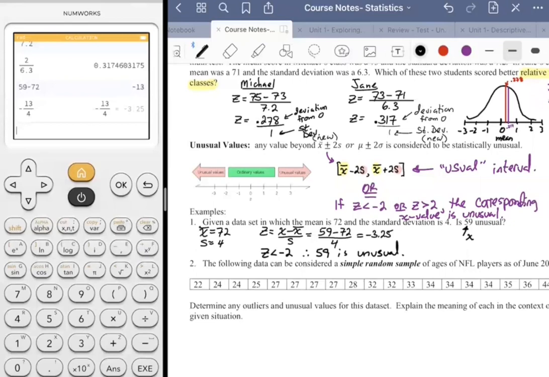So you kind of look at it like, let's say a class took a test and the class average was a 72, but you got a 59, hopefully not. Right? You'd say, oh, okay, well, is that really bad? Is that bad, really bad, or terrible? Right? It's unusual on the low side, so you be the judge. You know, if I told you that your score was unusually low, you're probably not feeling too good about that score.